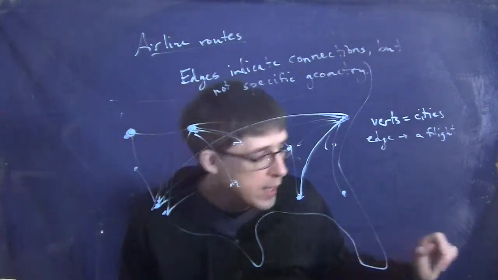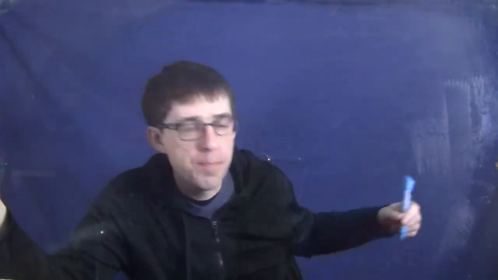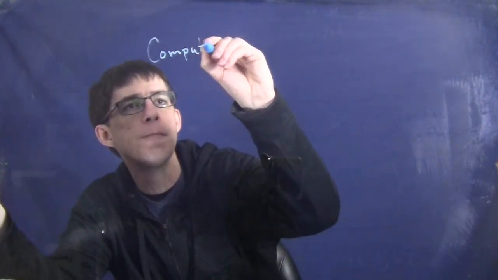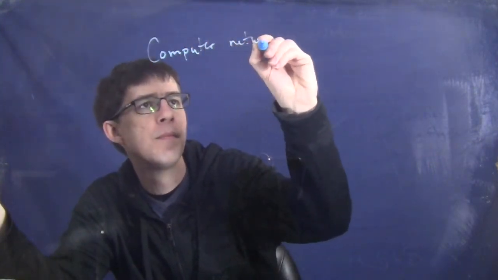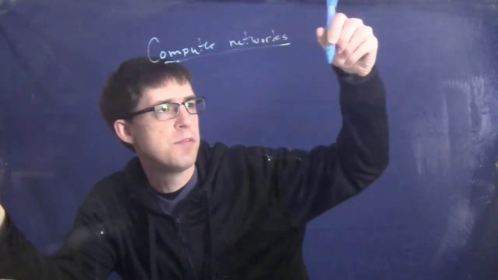All right, what else? Here's something a little bit more abstract. How about computer networks? Computer networks are basically always described in terms of graphs.